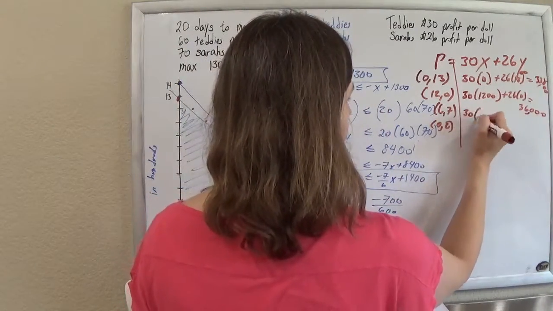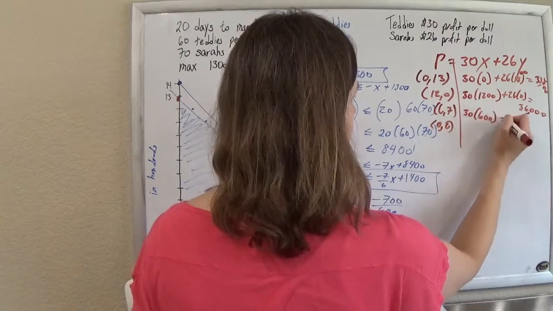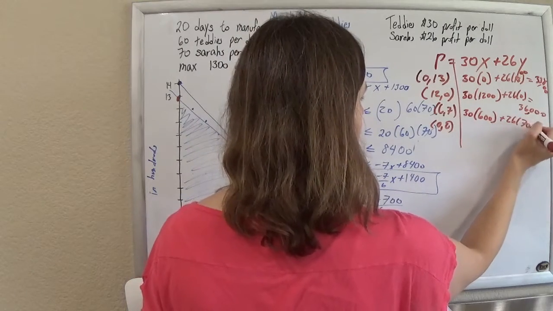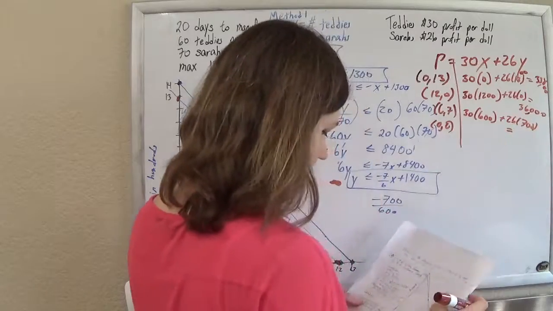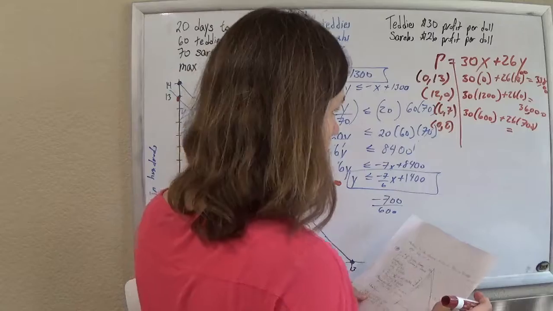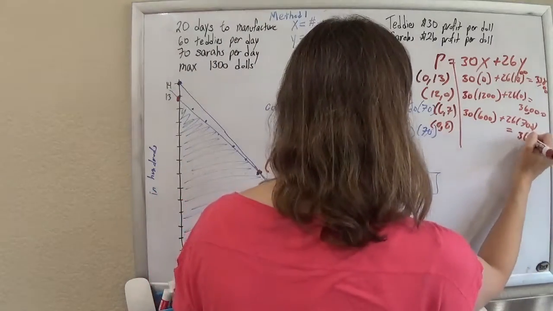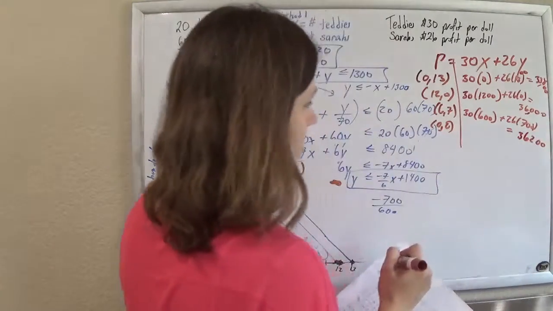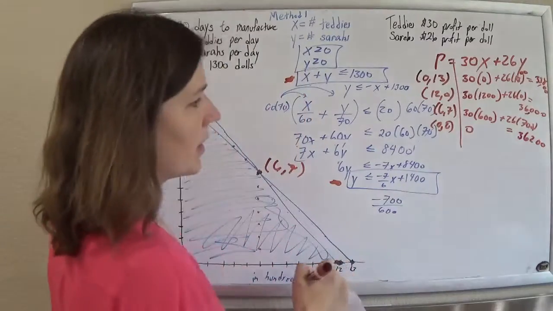If I do 30 times 600 plus 26 times 700, that's going to give me 36,200. And then of course if I make nothing, I get nothing.